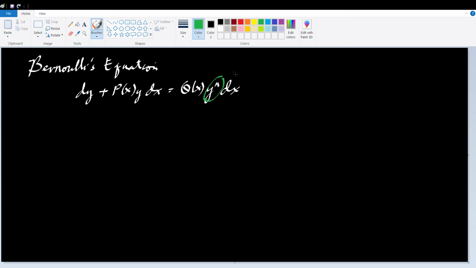Striking out y to the n, it becomes a linear equation of order 1 in the variable y.